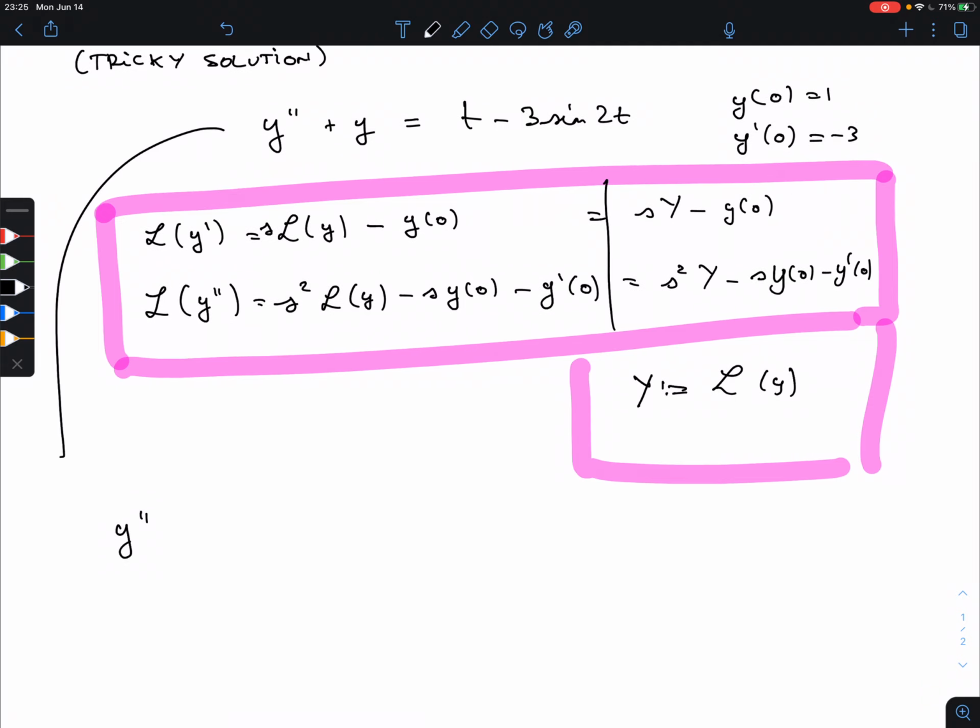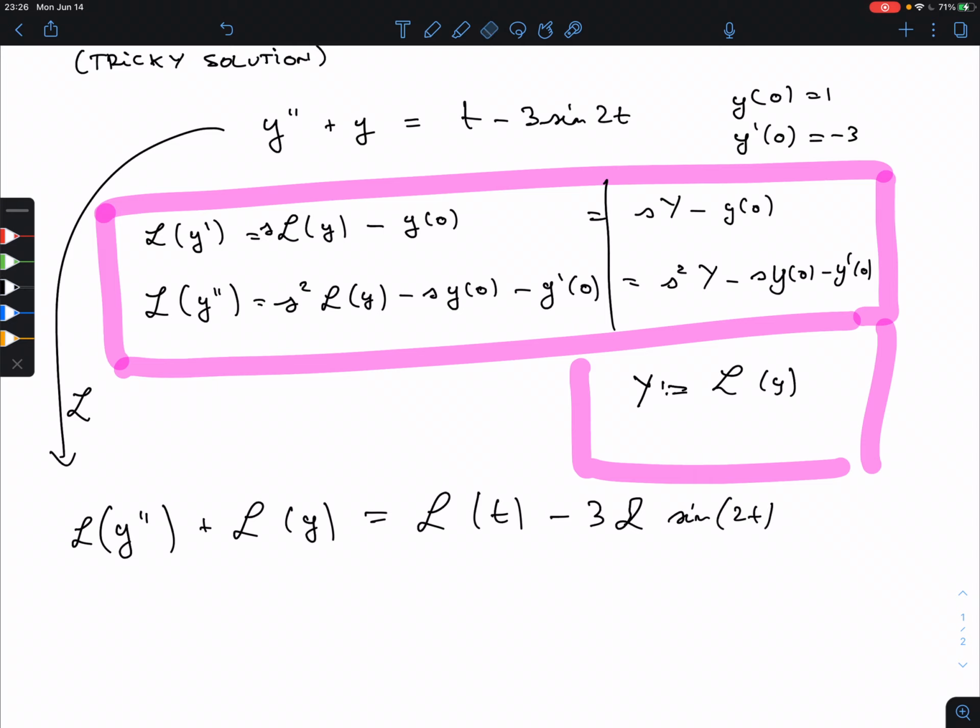So right, let's apply the Laplace transform. So we get the Laplace of y double prime plus the Laplace of y equals the Laplace of t minus 3 times the Laplace of sine 2t.